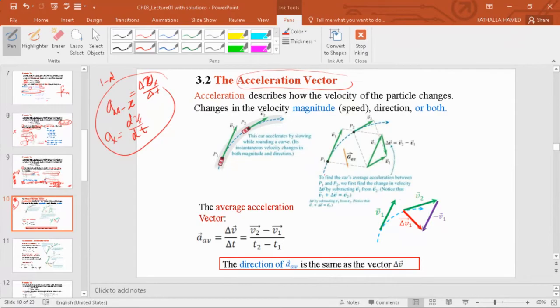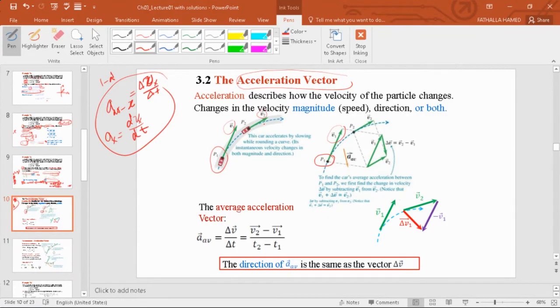So imagine if you have a path like this, and this is position 1, and the v1 here will be tangent to it, like the car is moving here, so that's p1, and you take the v1 as tangent to this curve here. Now you go to the second position, and the v2 will be tangent to it.